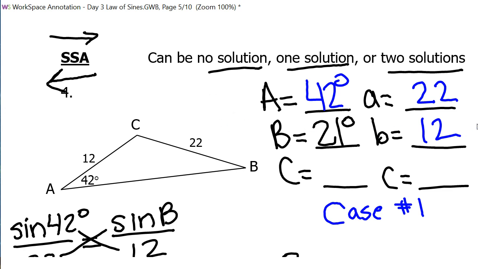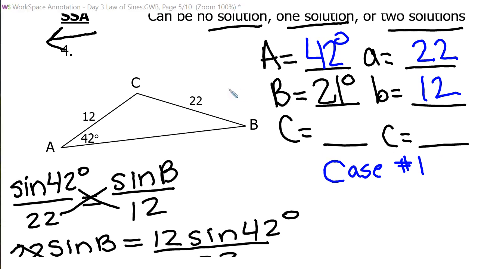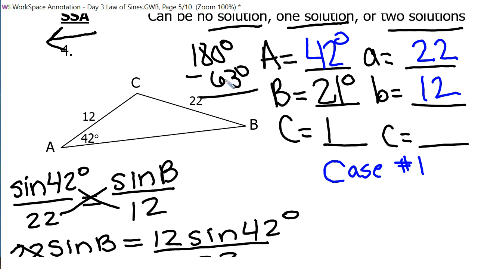Now, we need to finish this out and find angle C. And angle C, well, if I add these together, those add up to 63. So what's 180 degrees minus 63 degrees? 117 degrees? Okay, so now we're ready to finish that out. So I'm going to use what was given to us.